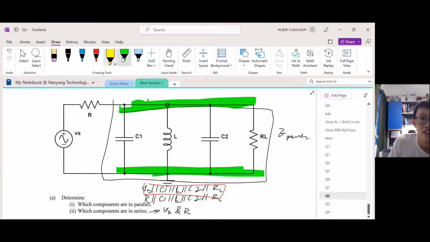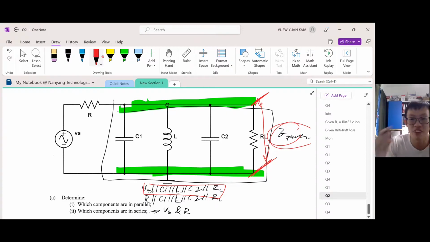And because of that, the voltage difference across RL, given by the difference of the voltages across these two terminals, is the same as the voltage difference across Z para. So if we can find the voltage difference across Z para, then we can find it across RL because they're exactly the same.